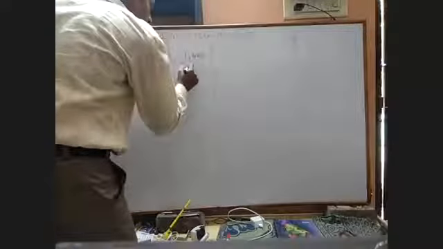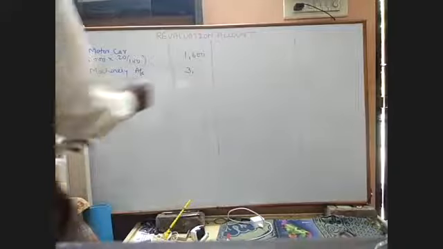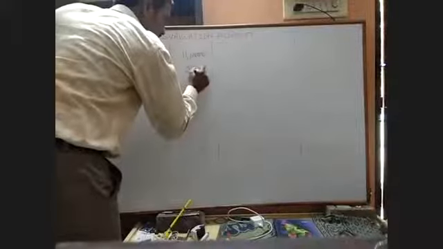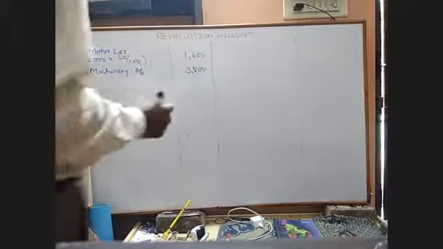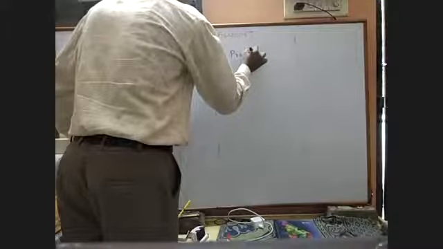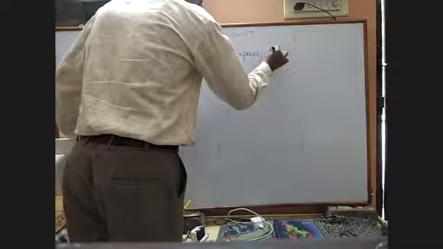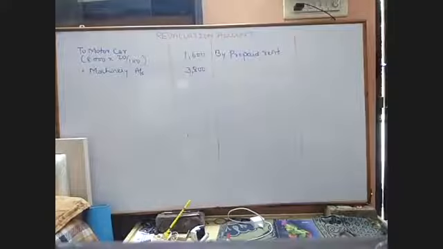To machinery account. How much it is? 3,000. 800. 3,800. Then by prepaid rent. By prepaid rent.